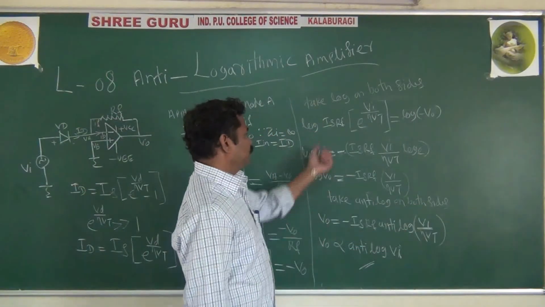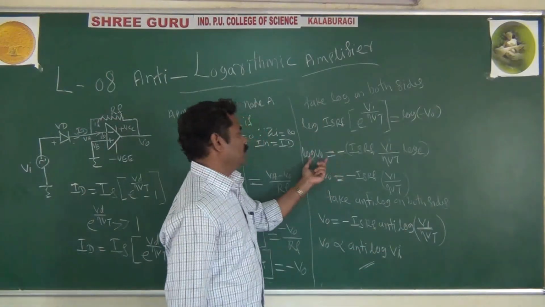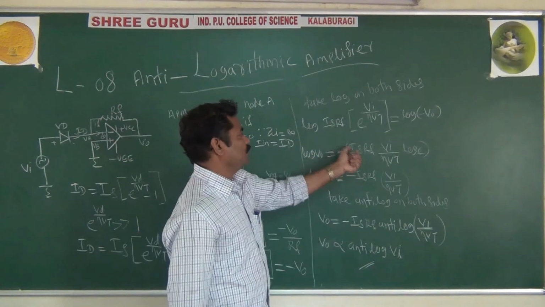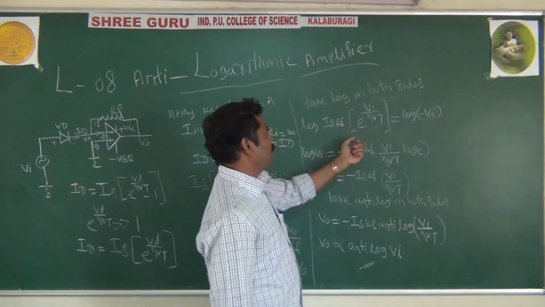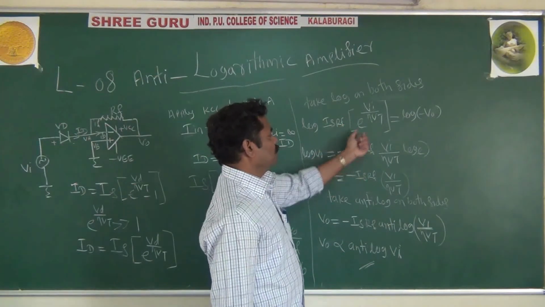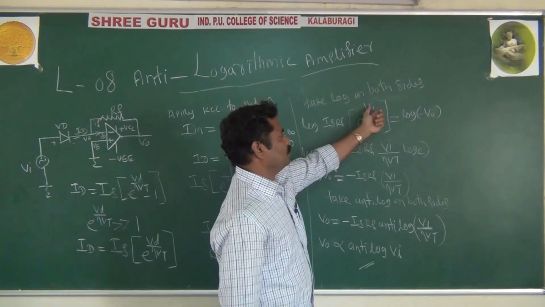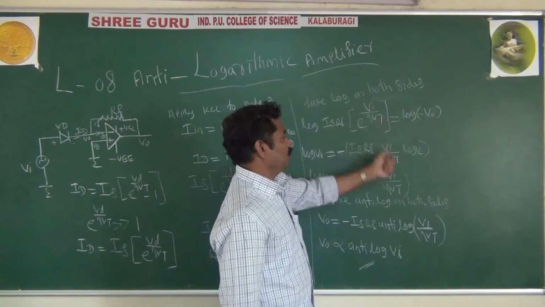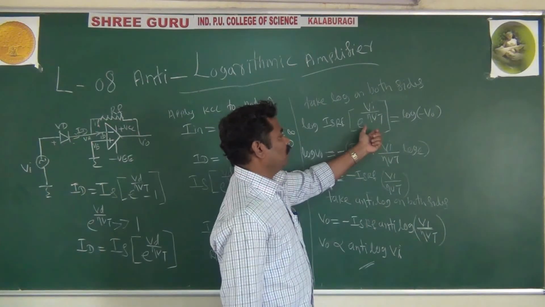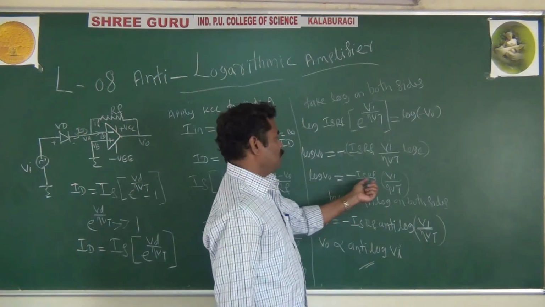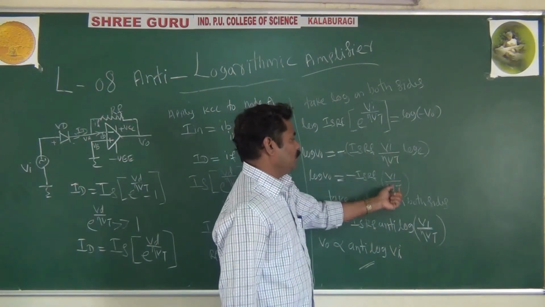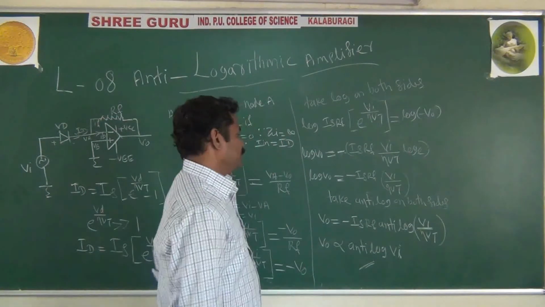Then take this side, log V naught, and move Is and RF to the other side. This is constant, so take it outside. Log of m raised to n is nothing but n log m, this will multiply here, and log e is nothing but 1. That becomes Is RF as it is, VI by eta VT as it is.